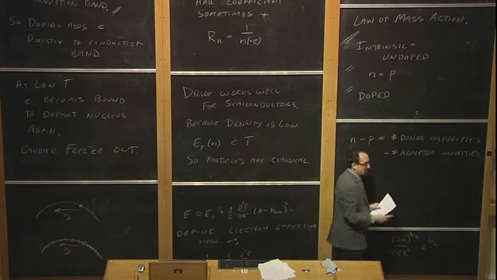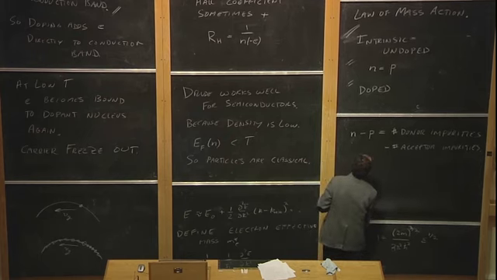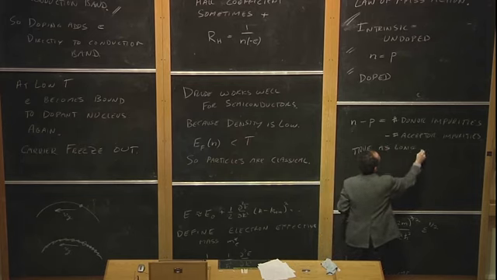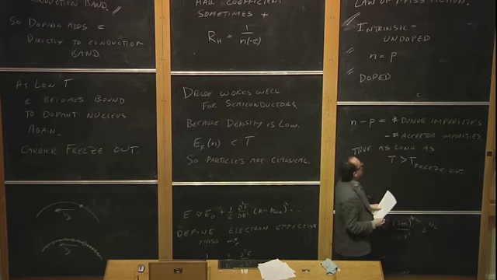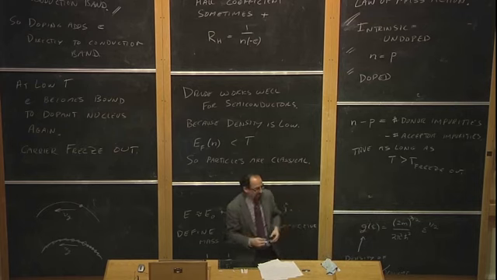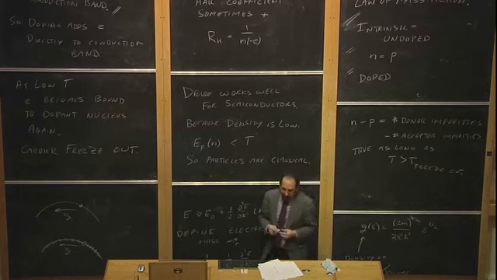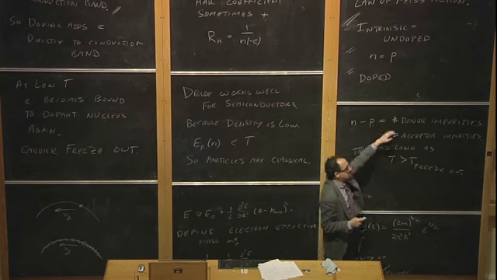And each time you add an acceptor, you add a hole into the valence band without adding an electron into the conduction band. And this is true as long as T is greater than T freeze out, where the electrons in the conduction band get bound to their donors, and the holes in the valence band get bound to their acceptors. So the key thing to realize here is that the product of n and p is fixed, independent of the doping. The difference of n and p depends on the doping.